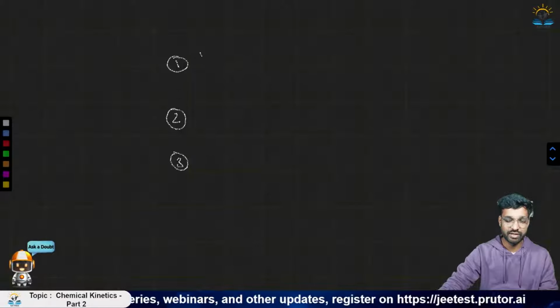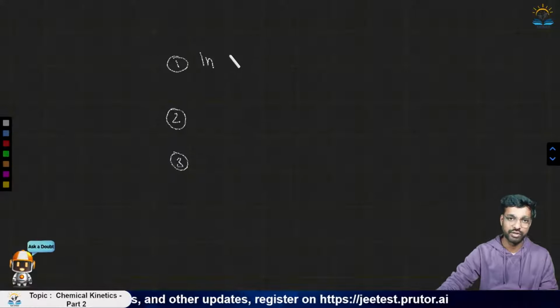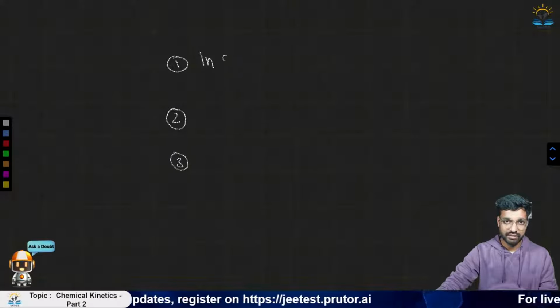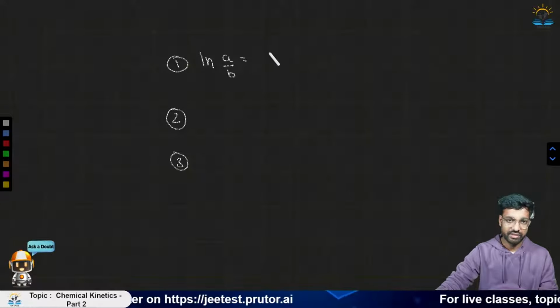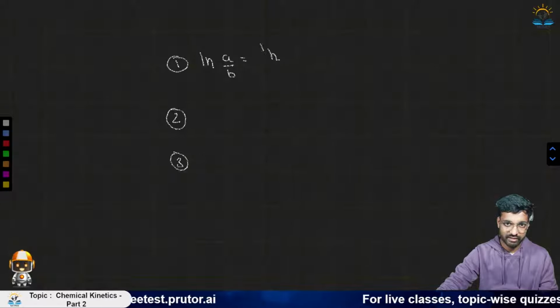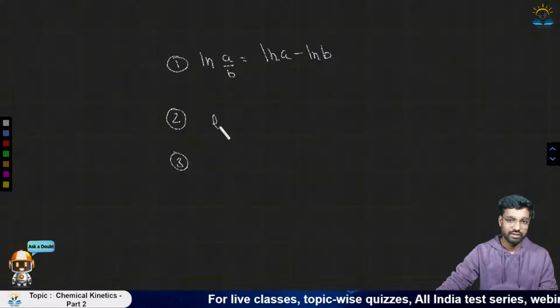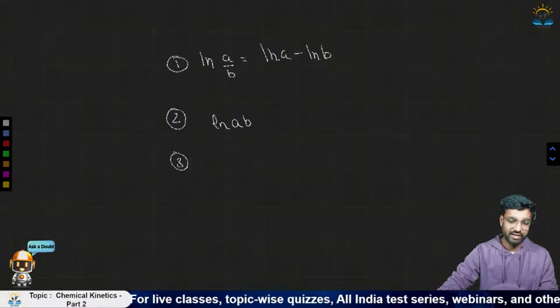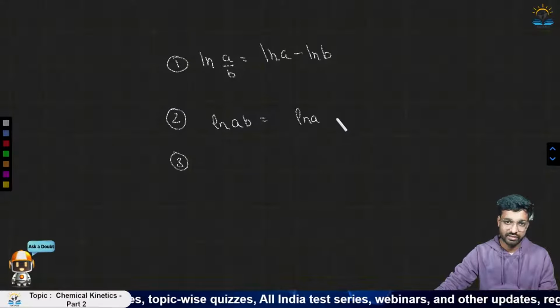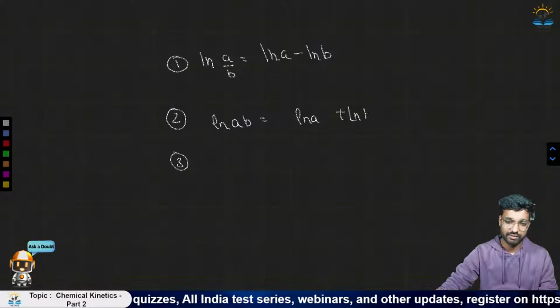Only three major properties, which hold for ln and log both. So it is like this. If ln a by b is given, then it can be written as ln a minus ln b.